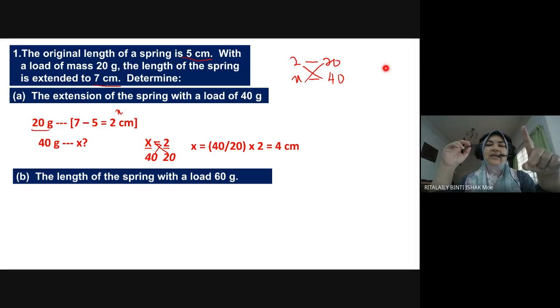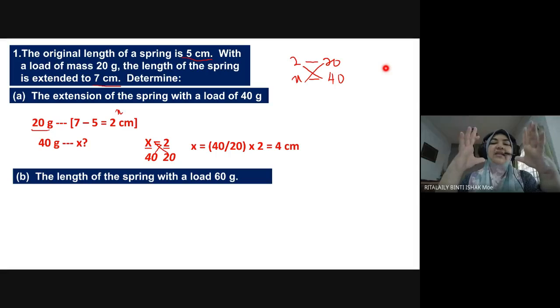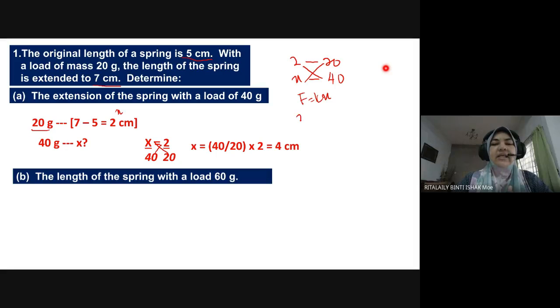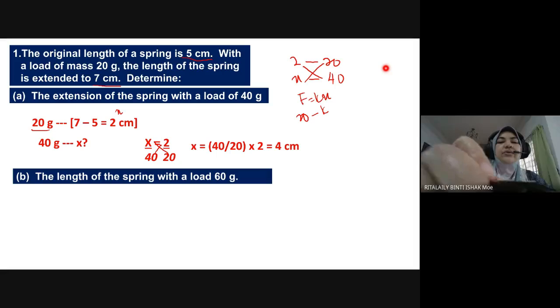Okay, and the other method is we calculate the K first, using F equals to Kx. When the F is, you don't have to convert to Newton. Okay, when the F is 20, X is, you need to calculate the extension first because this is the initial length and this is after we hung the mass.